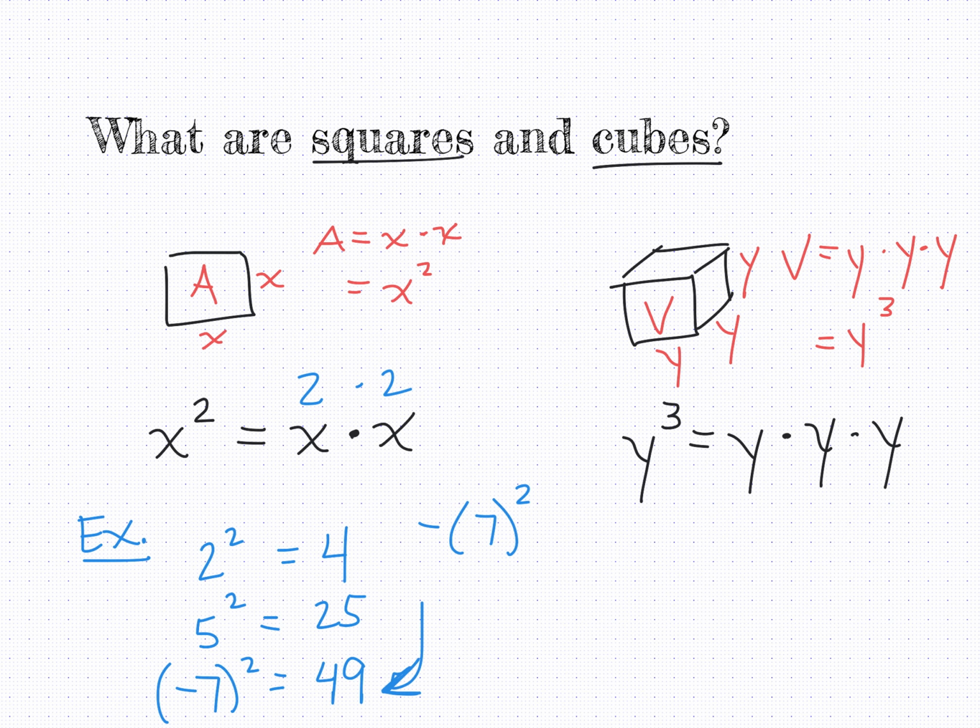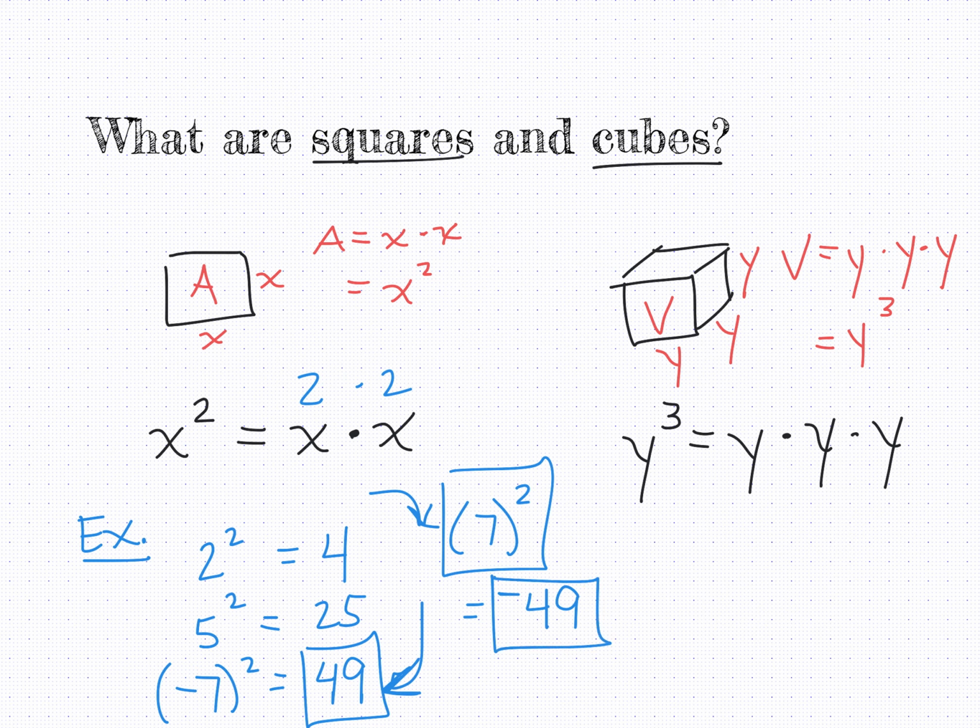So what this is really asking us to do is to take the opposite of, that's another way to read a negative symbol, the opposite of 7 squared. Well, first then we would take 7 squared, which is 49, and then the opposite of 49 would be negative 49. So normally, or in most simplistic situations, you can't have a negative outcome unless that negative has been pulled out in front of a set of parentheses like this.